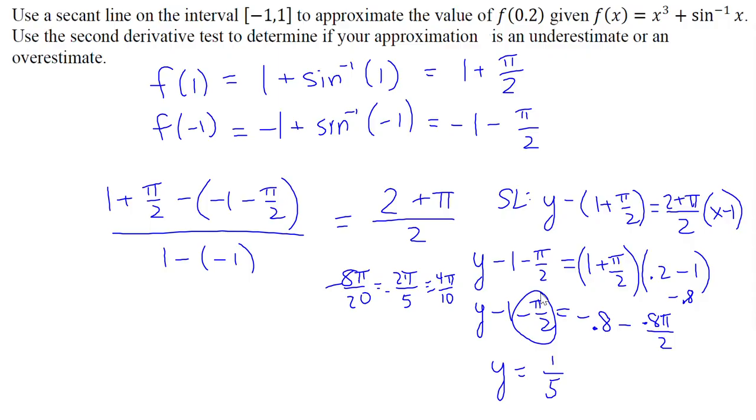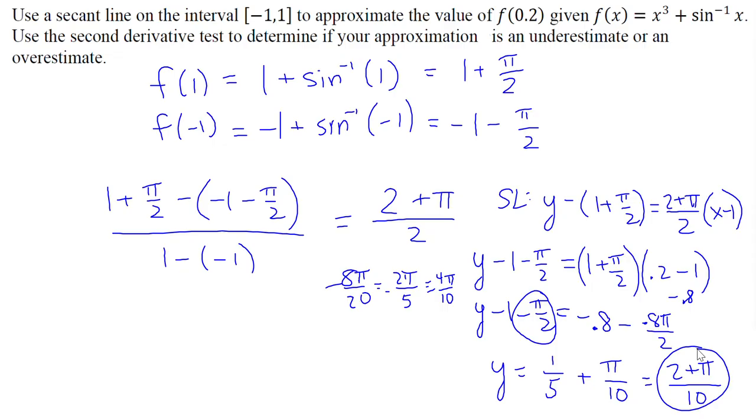So negative 4 pi over 10 plus 5 pi over 10 is going to be pi over 10. Or if you prefer to get a common denominator, you can call it 2 plus pi over 10. That'd be fine as well. Any of those are fine. Or you can write it as 0.2 plus pi over 10. Really, any of those values are fine. So there's our approximation.